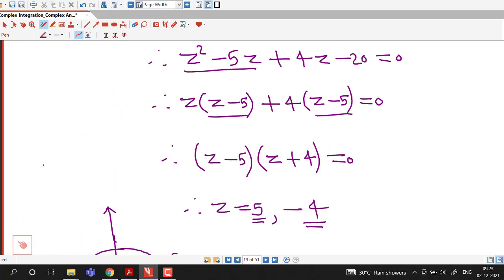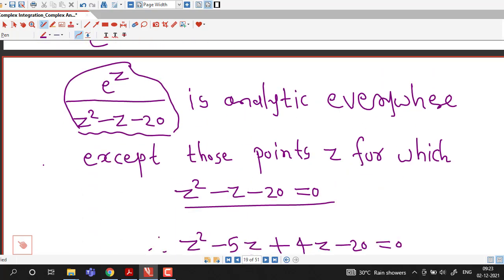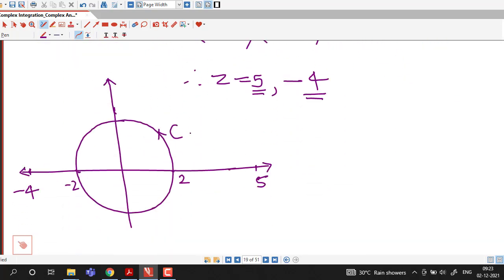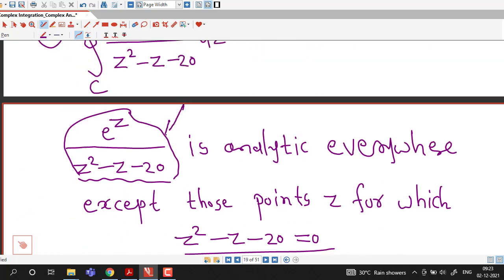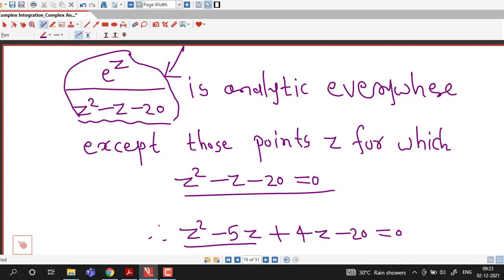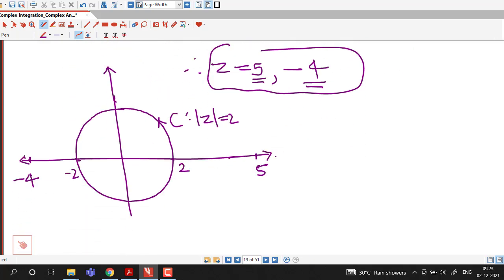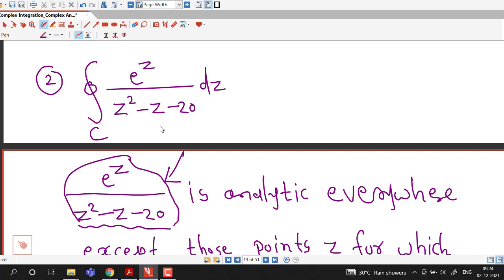So this function is analytic everywhere inside and on this contour mod z equal to 2, because z equal to 5 and minus 4 are the only points at which this function is not analytic, but those 2 points are outside this contour. We can observe here this 5 and minus 4 are outside this contour mod z equal to 2. So that means the given function is analytic everywhere inside and on this simple closed contour C.